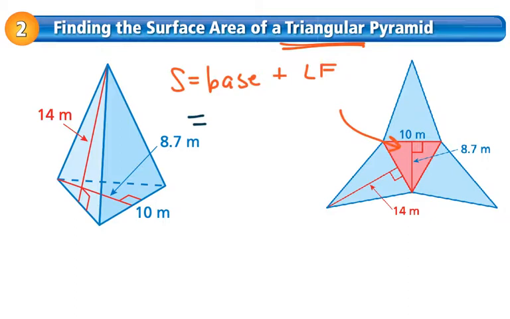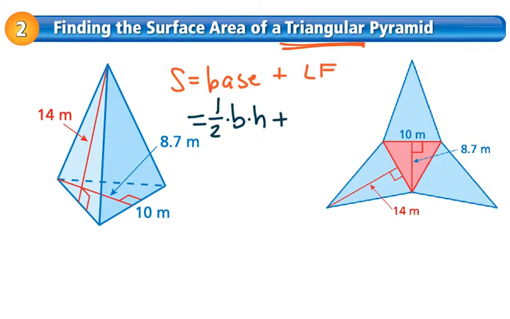Now the base this time is its own triangle, so to find that area, we're going to take 1/2 times its base times its height, again, of the triangle. And then we'll go ahead and add to that the areas of all the lateral faces.